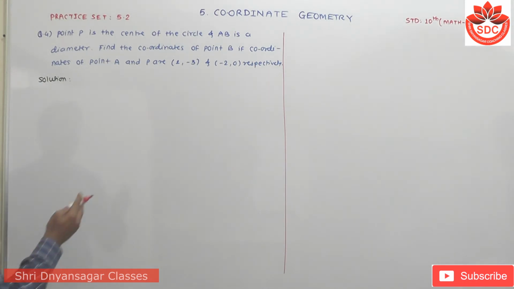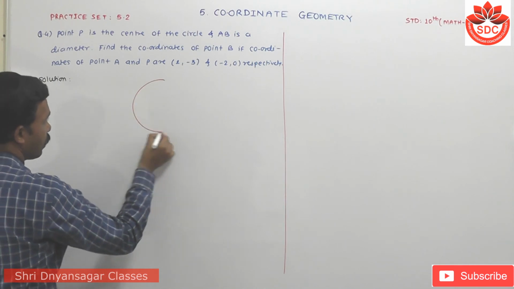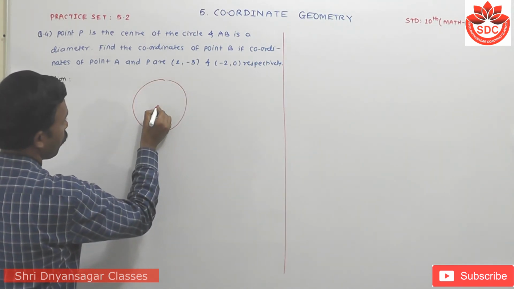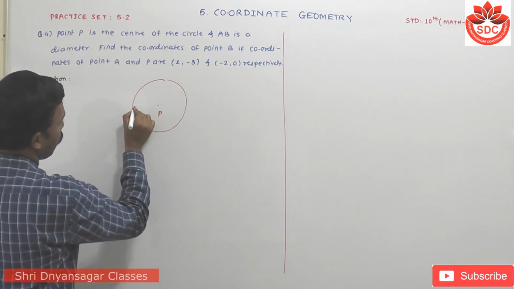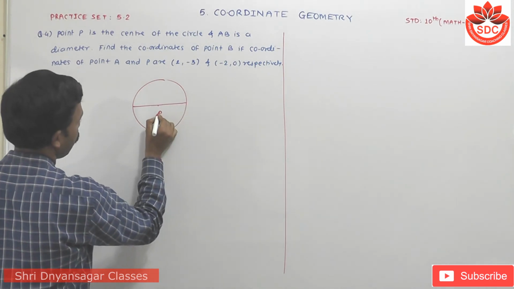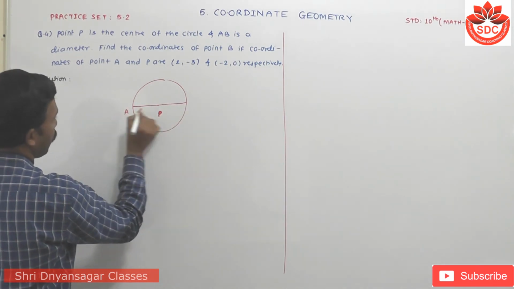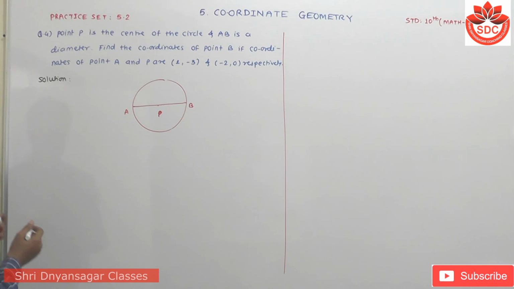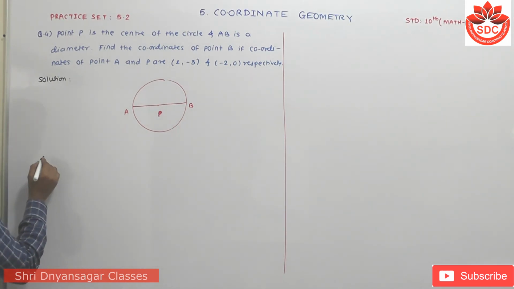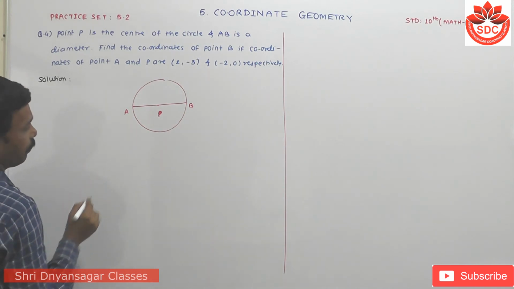I will draw one circle with center P, and AB is the diameter. Now here I have to take the coordinates of points A, P and B.